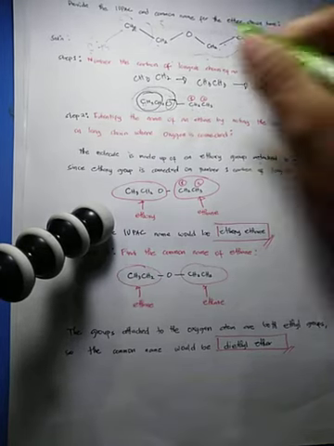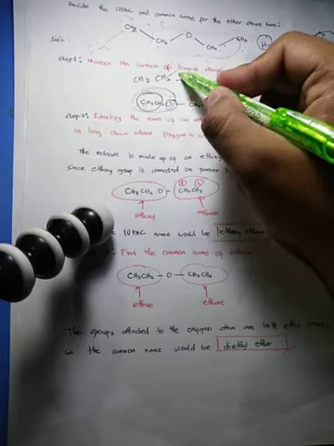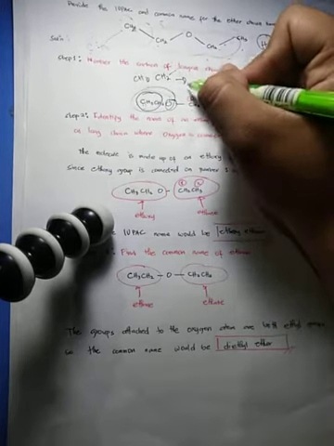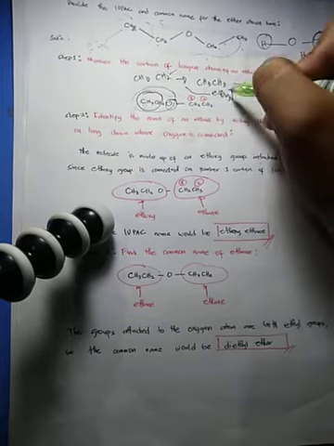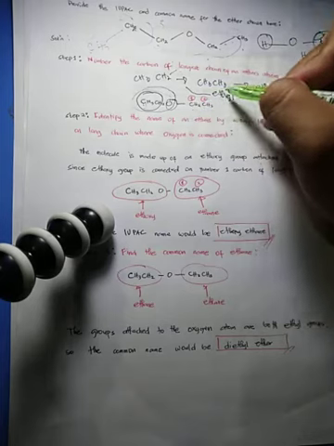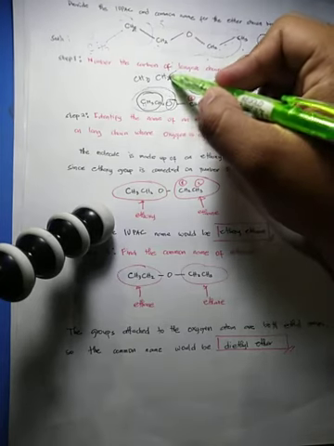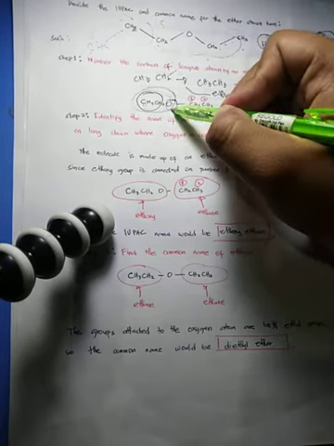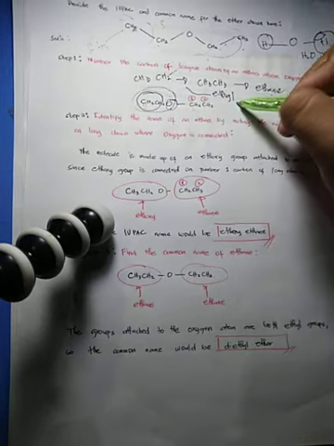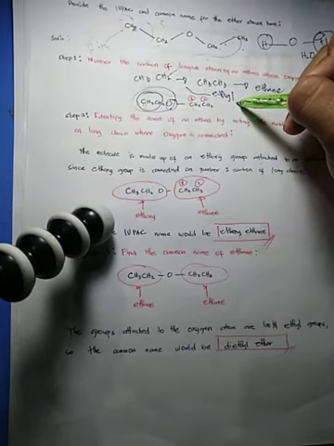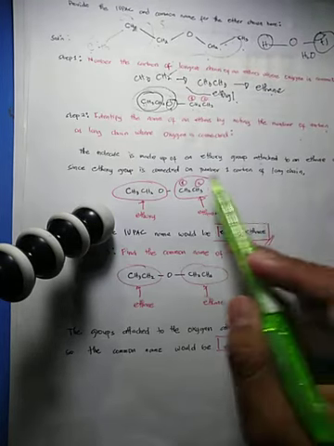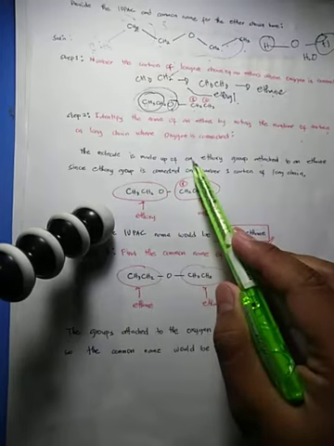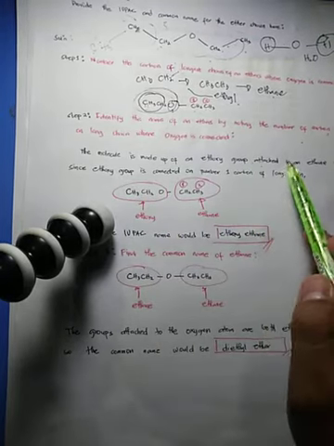Since nabawasan siya ng isang hydrogen, naging ethyl group na lang siya, or ethyl. Ethane, ethyl. But since nabawasan siya ng isang hydrogen, tapos ang naipalit mo is yung oxygen, instead of ethyl, ang name niya is ethoxy. Kaya in here, sabi dito, the molecule is made up of an ethoxy group attached to an ethane chain.